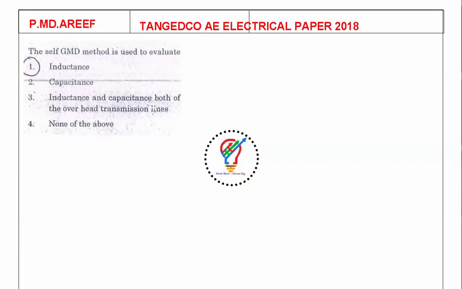Next question. The self GMD method is used to evaluate the form. Generally, inductance L is equal to 2 pi into 10 power minus 7 ln of GMD by GMR. What is GMR?